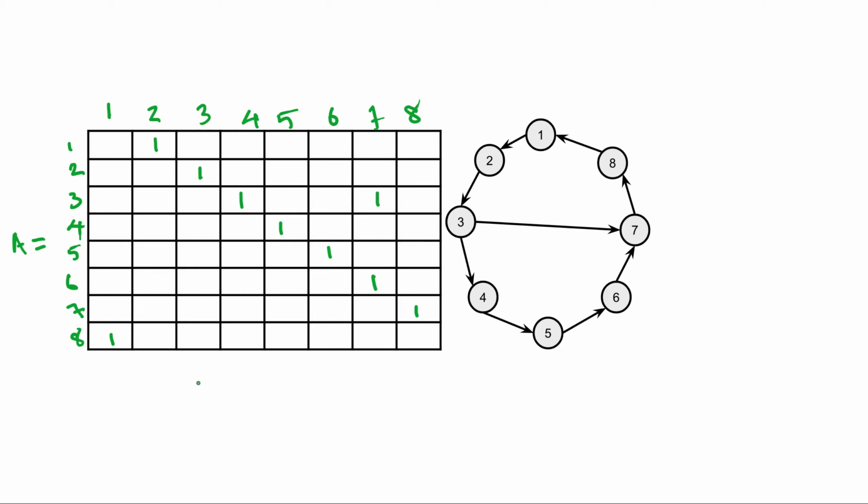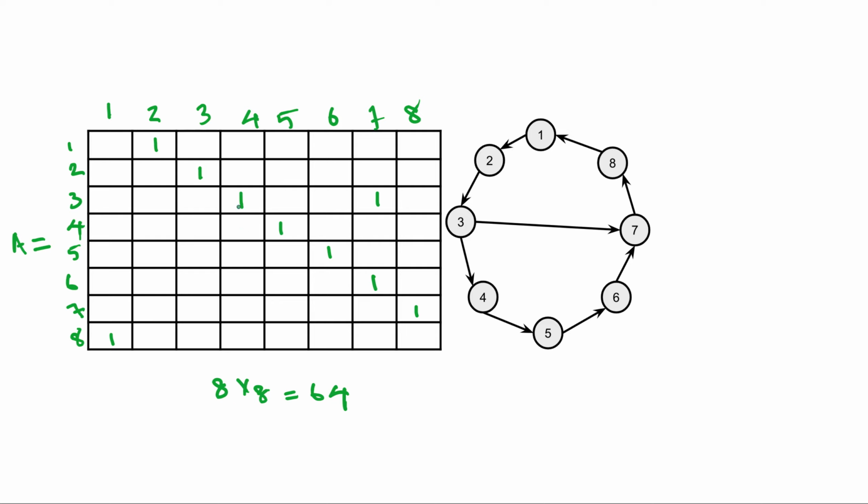So you have around 8 into 8, 64 entries in this matrix, or you can have maximum 64 edges.